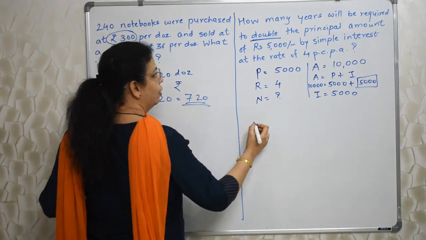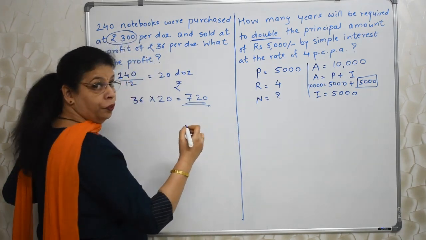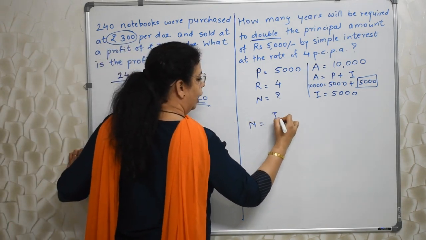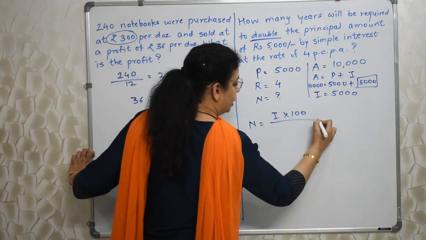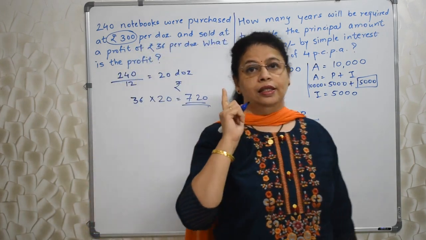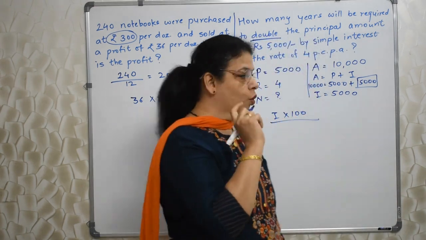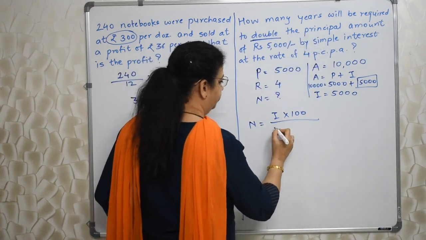So what is the formula of number of years? N is I into 100 upon P into R. In case you don't know this, there is my video on simple interest that will definitely help you. Go and watch that, okay? Later.